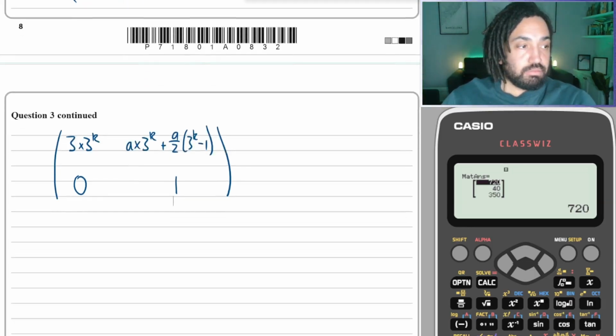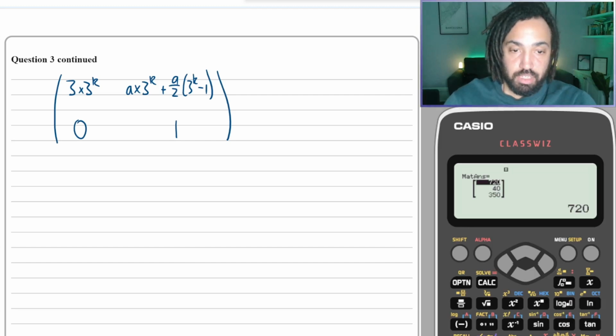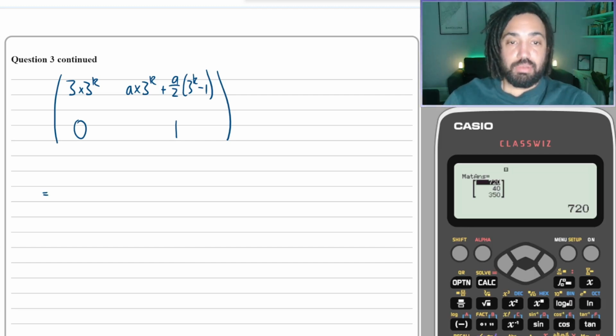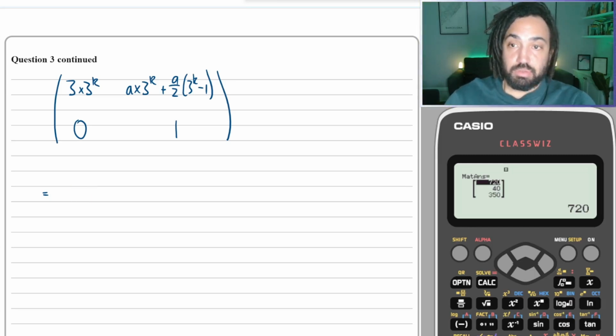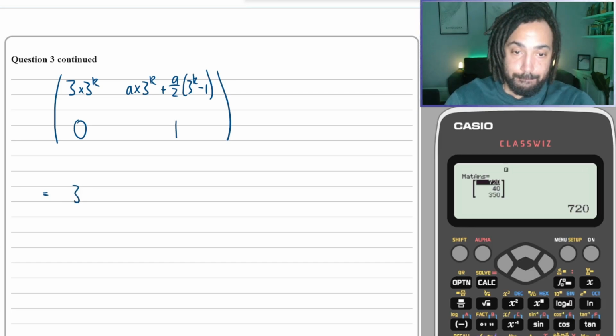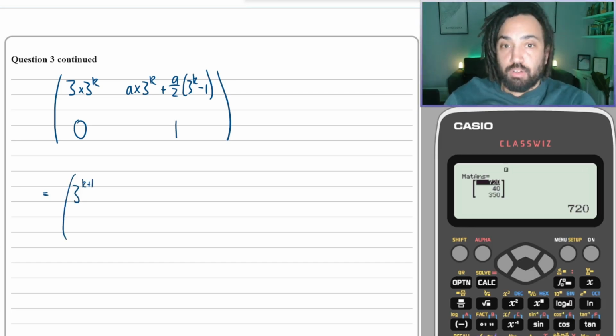Okay, great. Right, now to simplify. Well, the top left is 3 times 3^k, so that's the same as 3^1 times 3^k. And what do we do when we multiply bases that are the same? We add the powers. So this becomes 3^(k+1). Okay, what have we got going on over here?